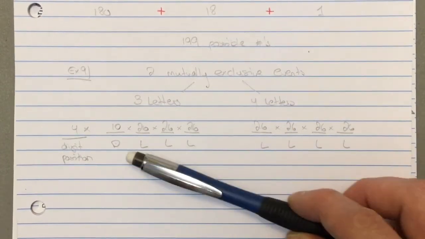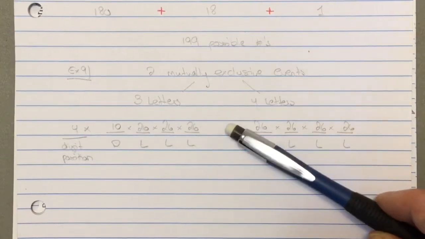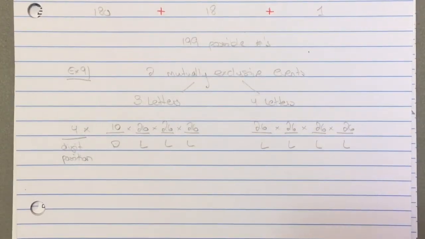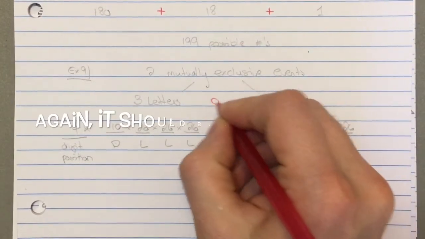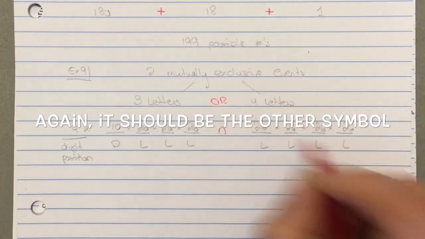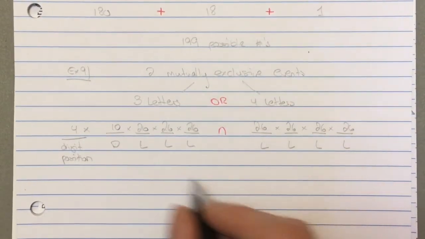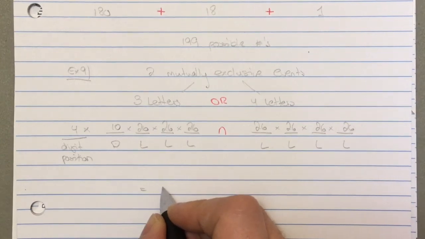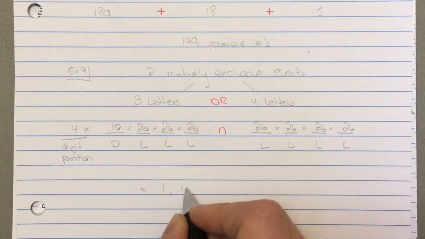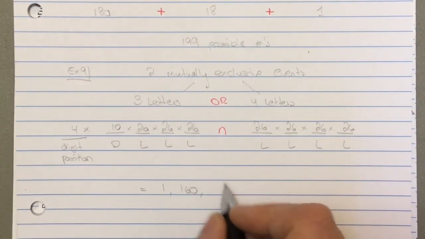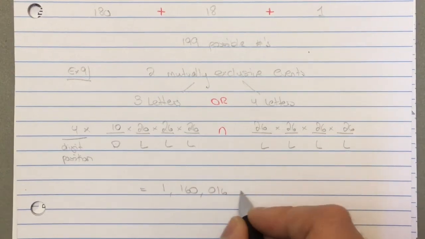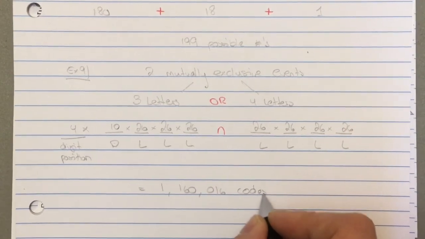Figure out the total for this, figure out the total for this, and then you add them together because these 2 are mutually exclusive. And your answer is going to be 1,160,016 codes.